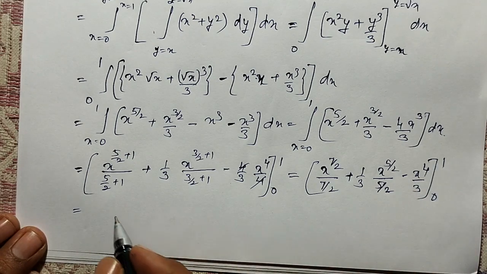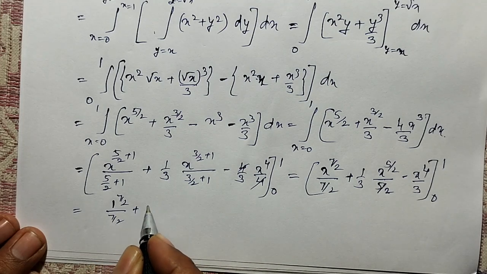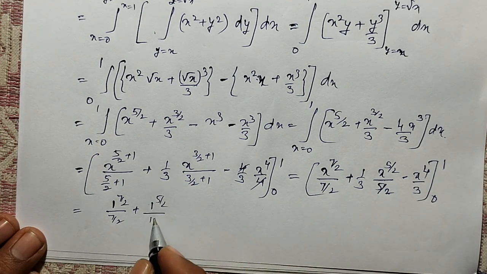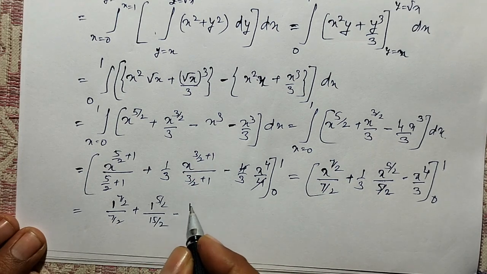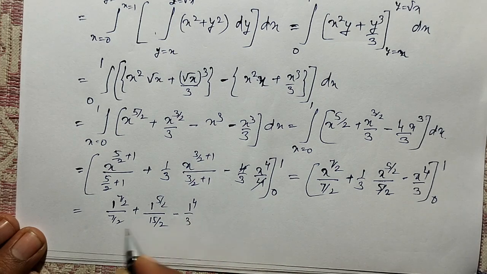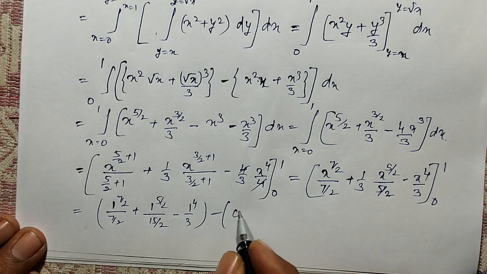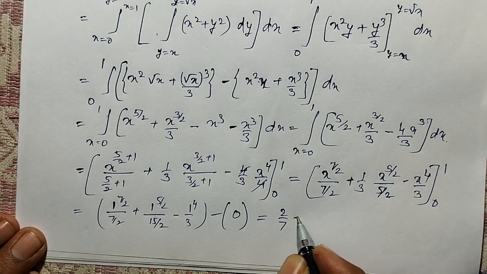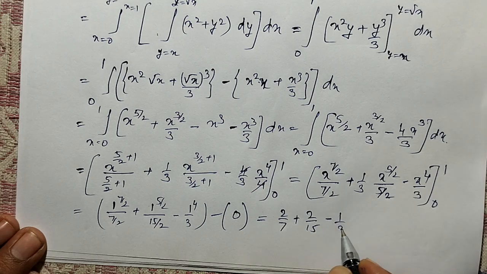Now substitute the upper limit minus lower limit and simplify. Upper limit: 1 raised to 7 by 2 divided by 7 by 2 plus 1 raised to 5 by 2 divided by 15 by 2, minus 1 raised to 4 divided by 3. For the lower limit x equal to 0, the whole term will become 0. This is nothing but 2 by 7 plus 2 by 15 minus 1 by 3.